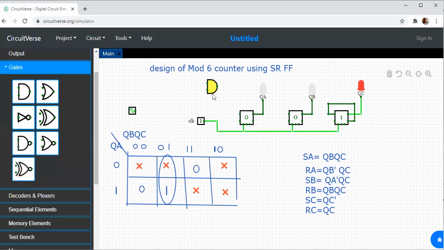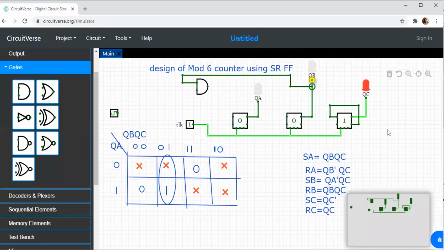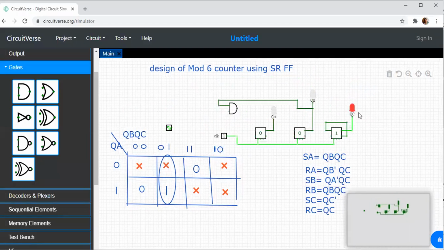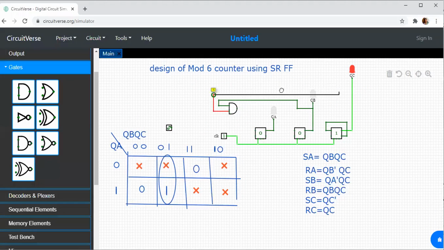So where's our QB? My QB is over here. Just I'll pull it up so that it is easy for me to make the connection. SA is equal to QB into QC. So QB into QC. I'm just connecting it. This should go to my SA. So I have connected it. It goes to my SA.